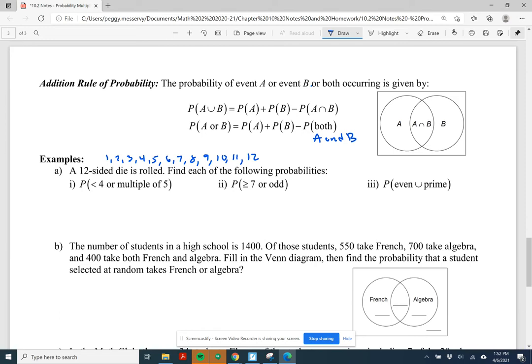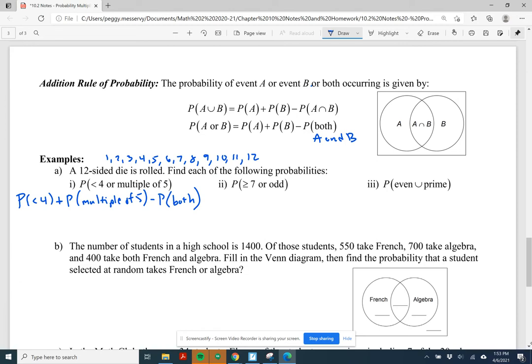Okay, so what's the probability that we have a less than 4 or a multiple of 5? So we're going to do this by doing the probability of less than 4 plus the probability that we have a multiple of 5, minus the probability that we have both less than 4 and a multiple of 5.